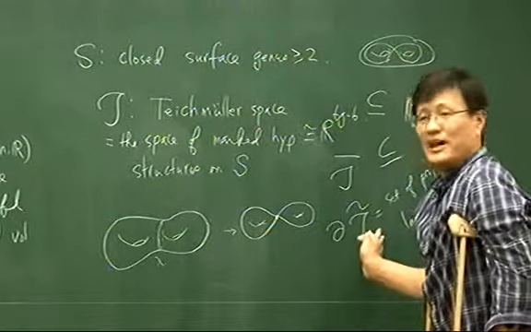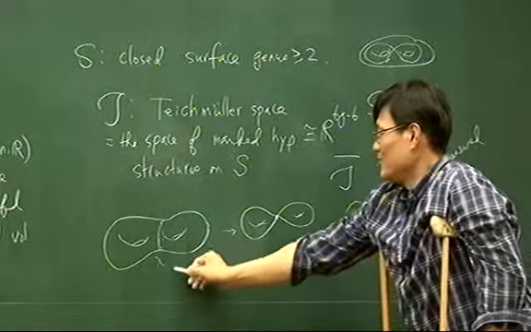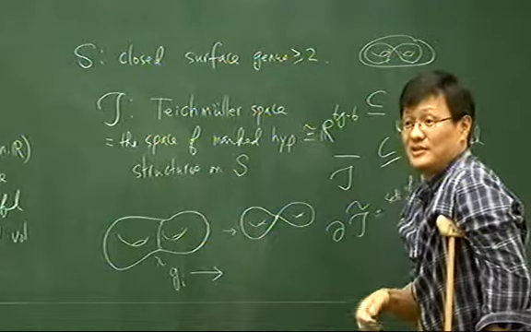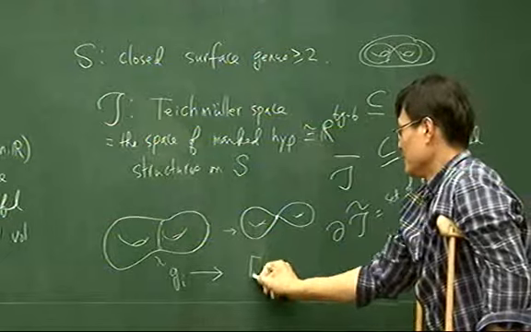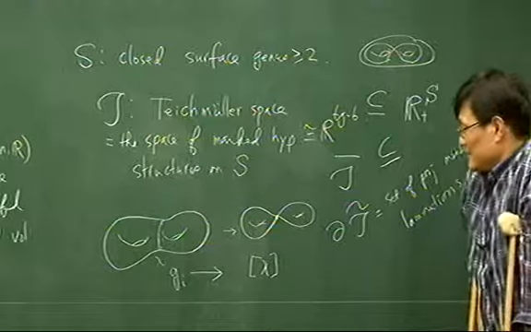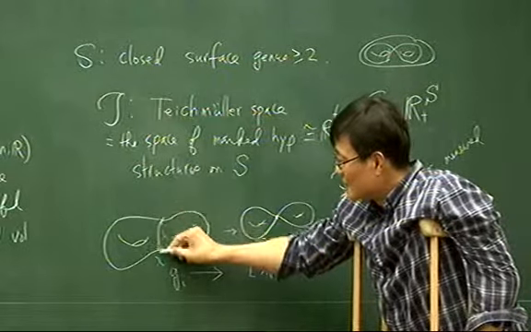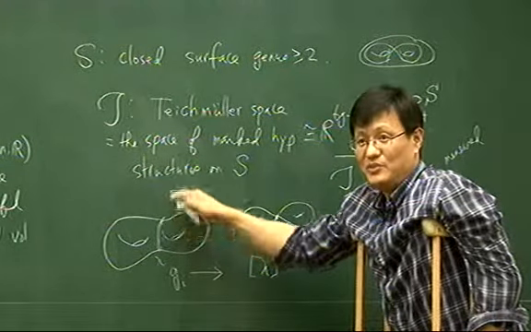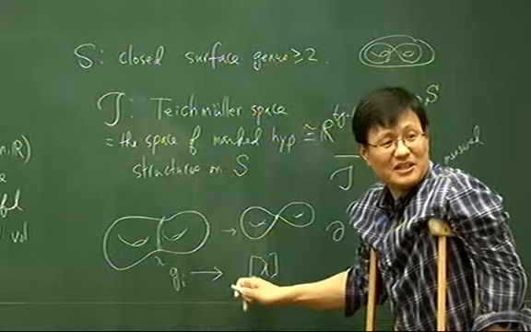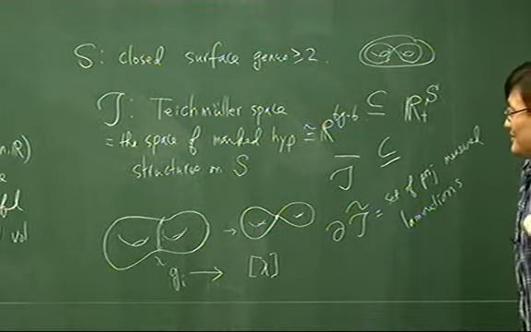Then in the Thurston compactification, this sequence of hyperbolic metrics, g sub i, obtained by pinching along some simple closed geodesic, converges to a projective lamination, lambda. Projective lamination lambda means here, this curve has a Dirac measure 1, and you projectivize it. Okay? So this sequence of metrics converges to some projective lamination here. Okay?